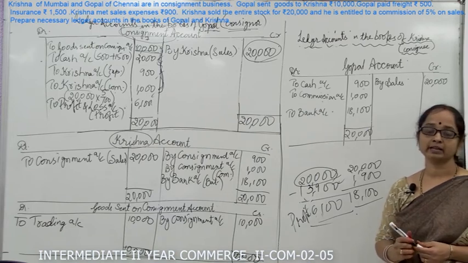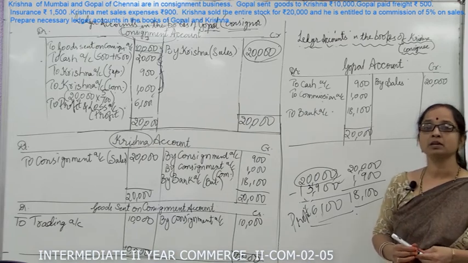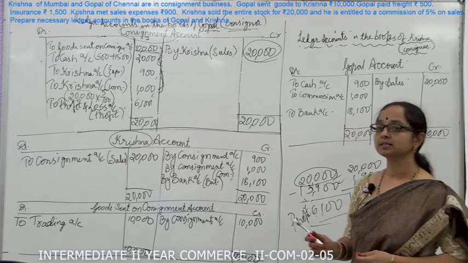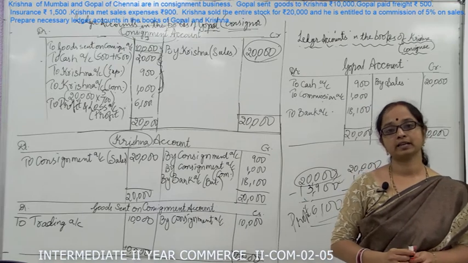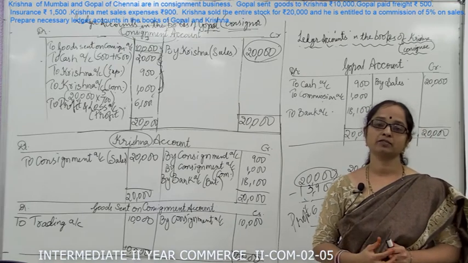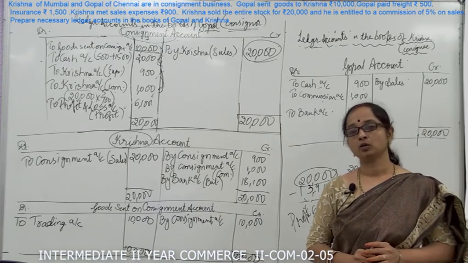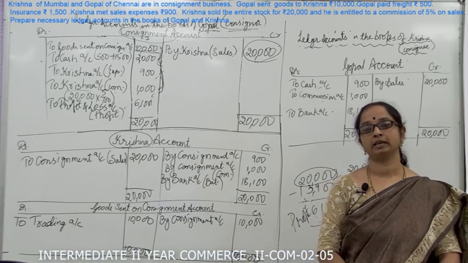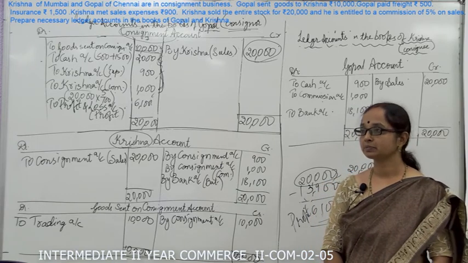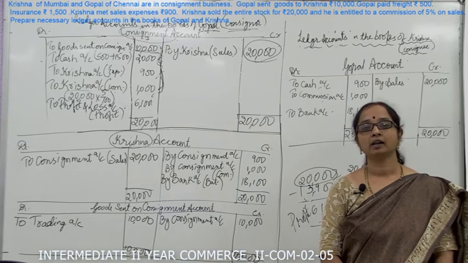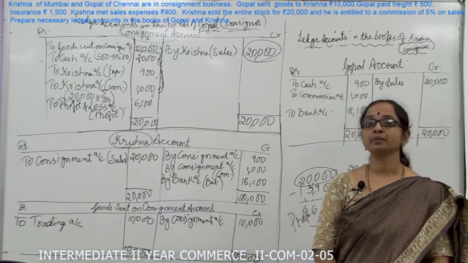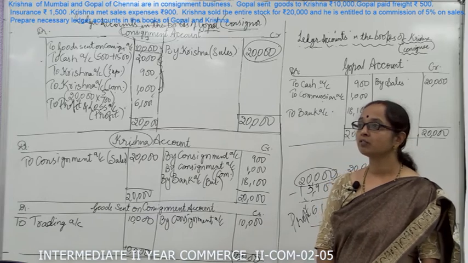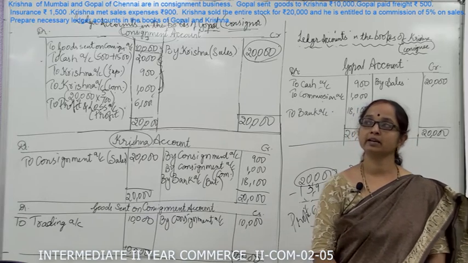So, as per your exam problem, most probably you will be asked these three accounts in the exam. You are supposed to prepare these three accounts in the books. Okay. Now, what you have to do is take this problem. Now take the amount. You by yourself create a problem, taking Krishna of Mumbai and Gopal of Chennai in consignment business.